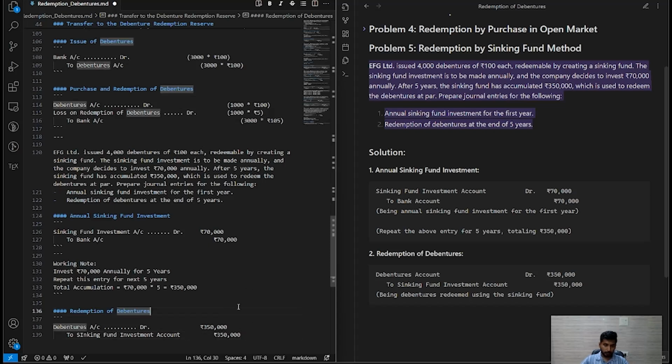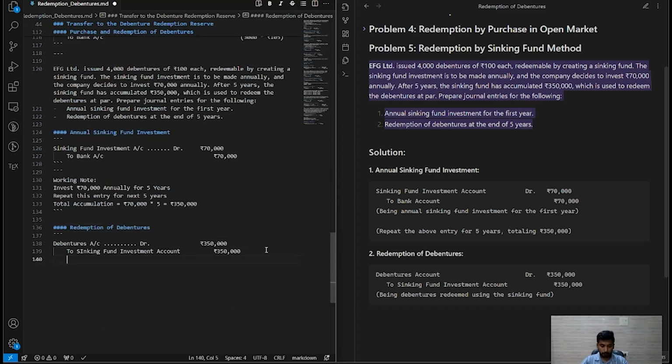So this is how we will redeem the debentures.